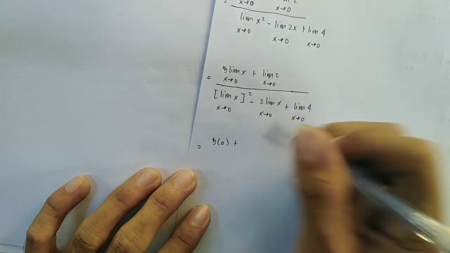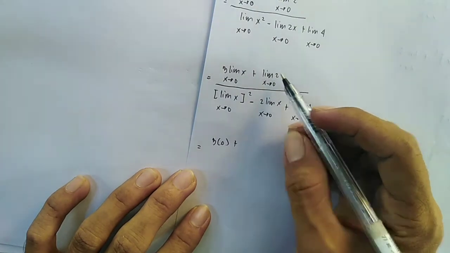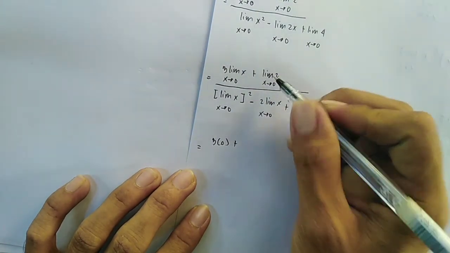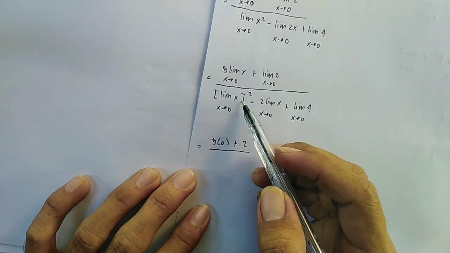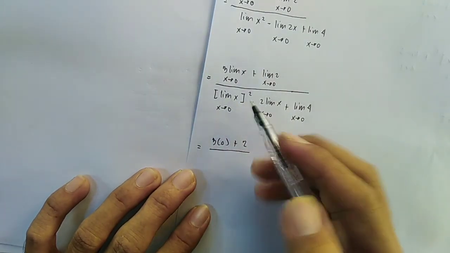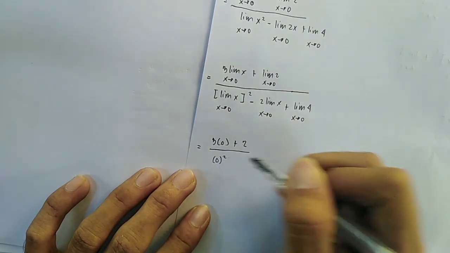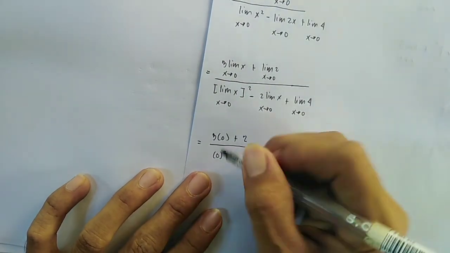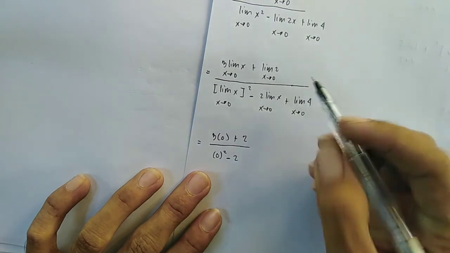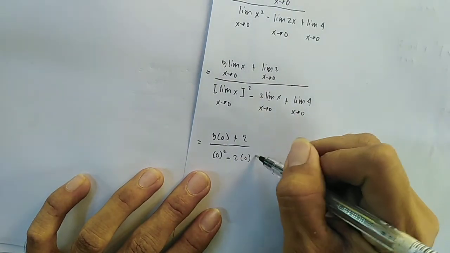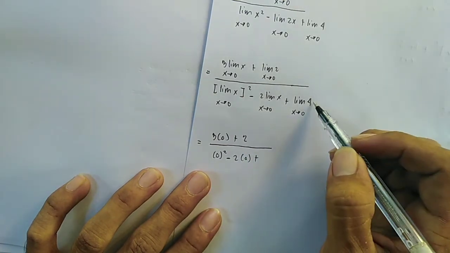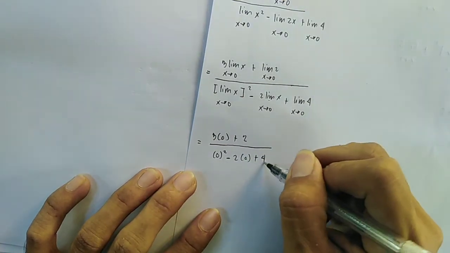So plus the limit of the constant 2, which is still 2, all over the limit of x squared. The value of the limit of x is 0, raised to the power of 2, so 0 squared, then minus 2 times the value of the limit of x, which is still 0, plus the limit of the constant 4, that is 4.